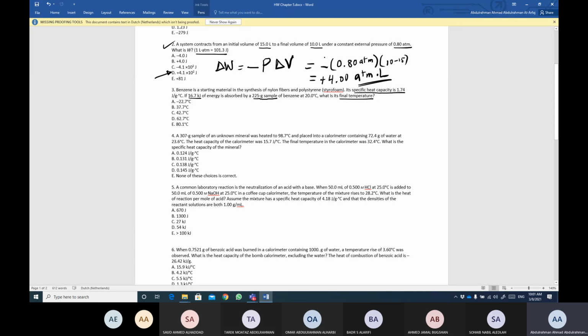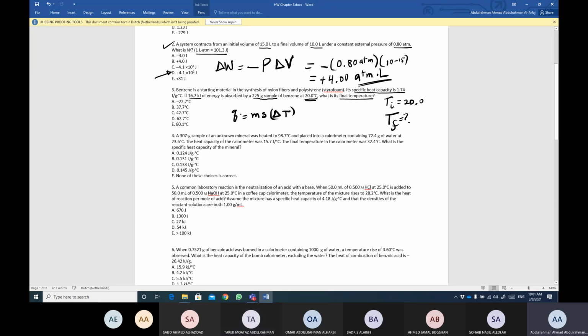It was originally at 20 degrees. T initial is 20 degrees, and T final is what's required. How can you do it? We write Q equal to S M delta T.